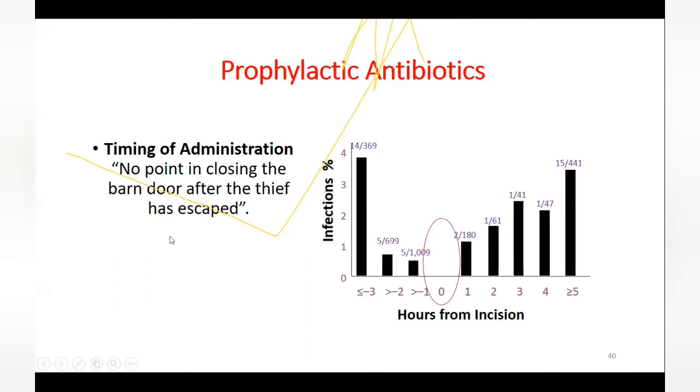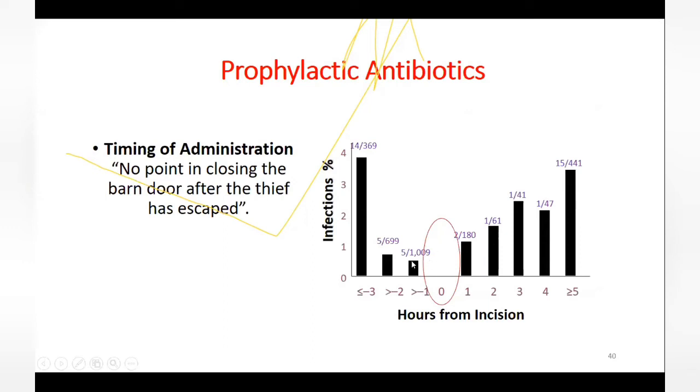Now, when we give prophylactic antibiotics, say for surgical site infection, it should be given within 1 hour of incision. There is no point in closing the door after the horse has escaped. The more hours apart from the incision time, the more the chances of infection.